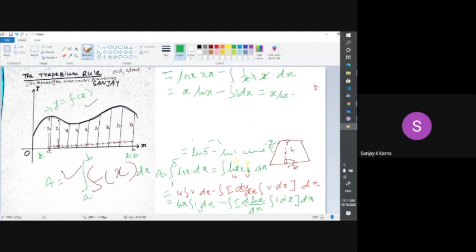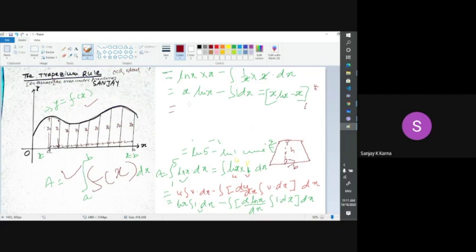So the antiderivative of 1 is x, and now our range of values of x under which we are going to find the area of the curve ln x is 1 to 5. So you put the limits 1 to 5.